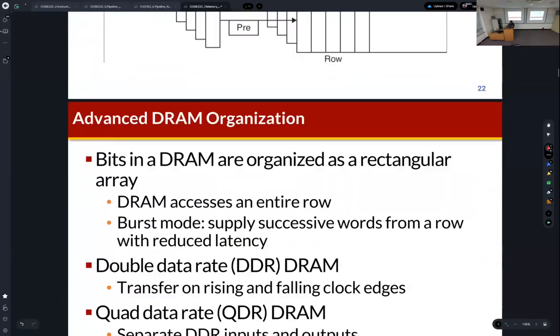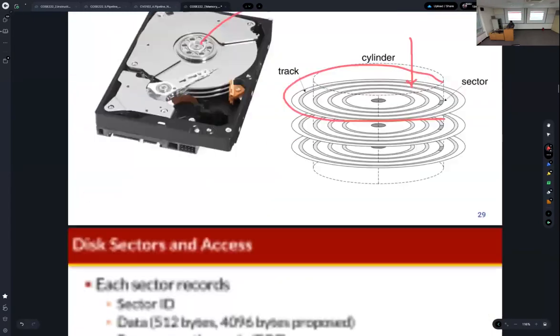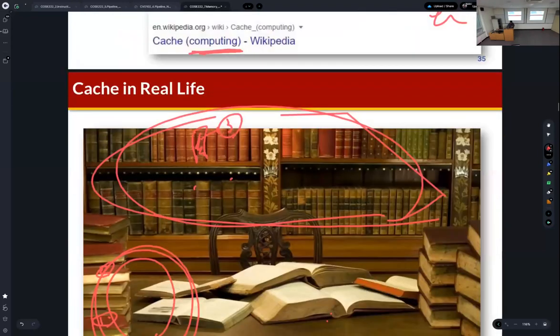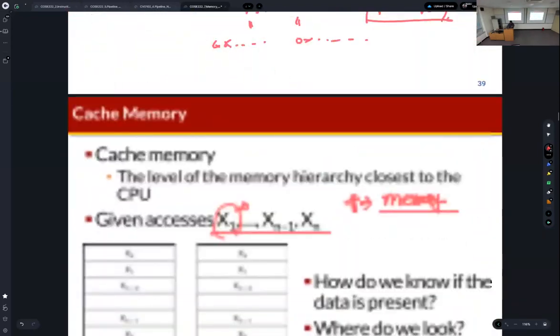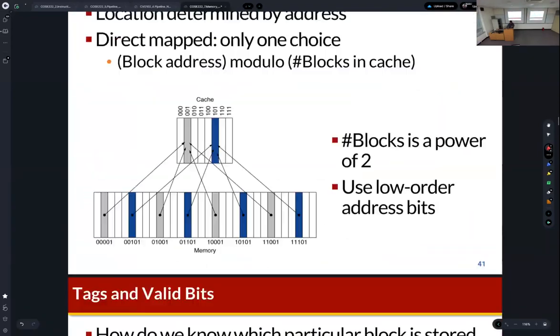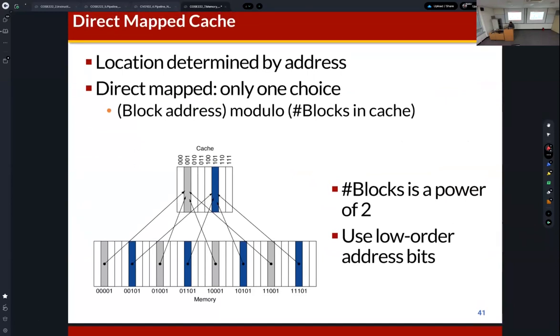Okay, so you can also understand the cache structure like the normal memory structure, where there are several blocks. Okay, and then these blocks are accessed by index.